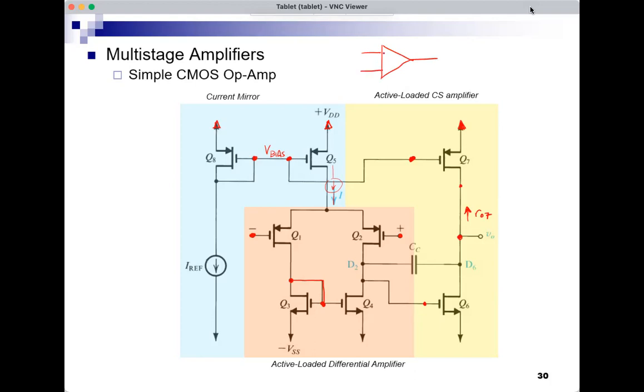This circuit is something like this. This is 1, this is 2, this is 3. And of course, this is using a VDD and the minus VSS supplies.